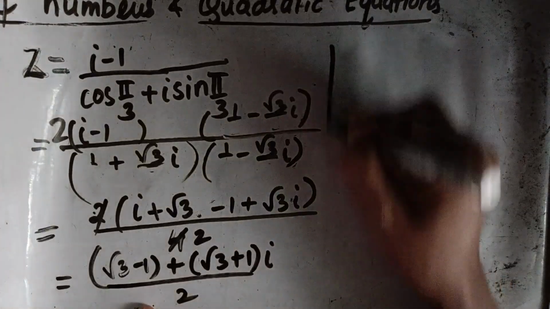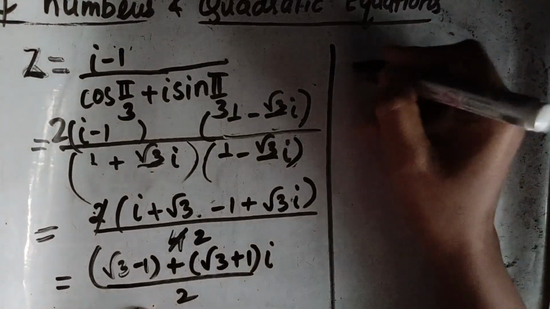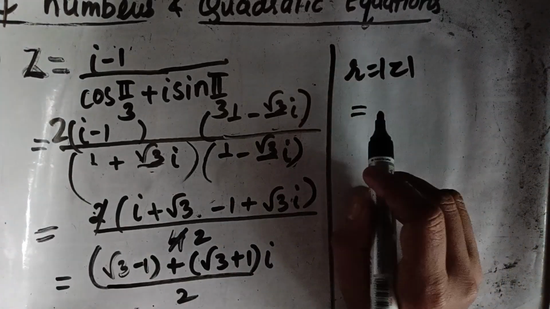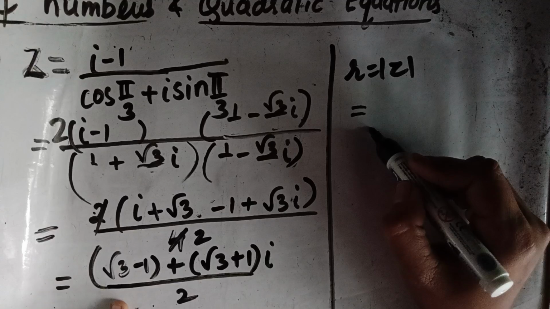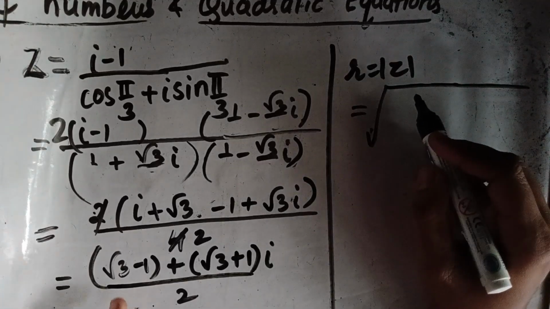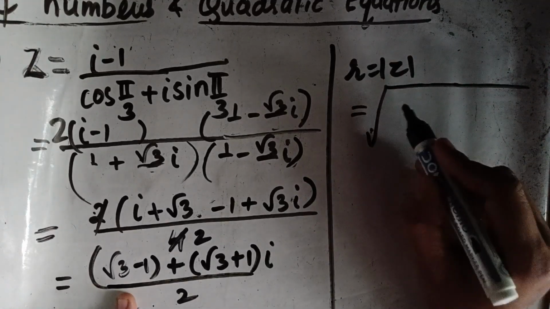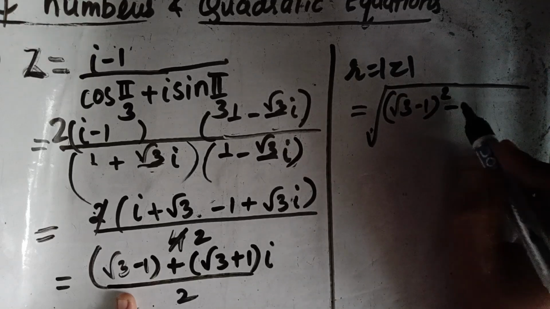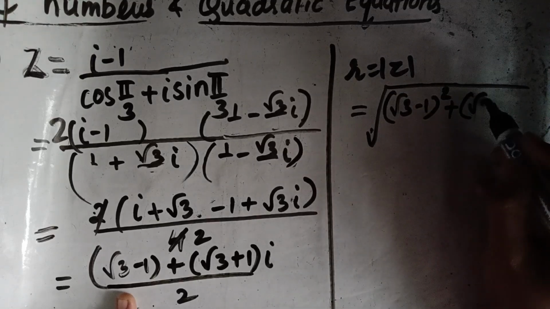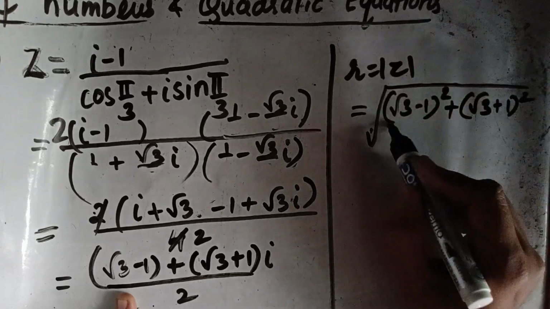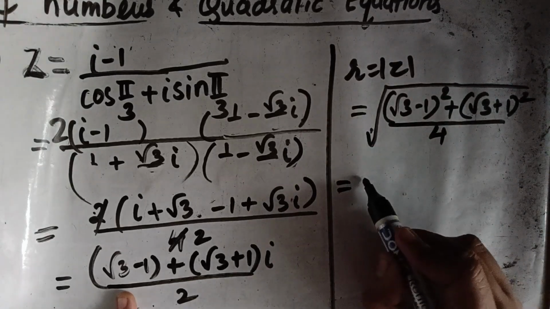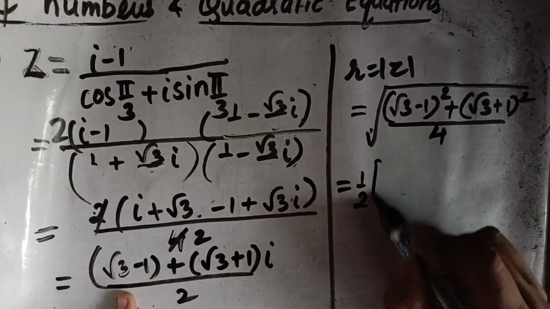Now you have to find mod z, because we are finding the polar form. So the value of r. Squaring, you will get root 3 minus 1 the whole square plus root 3 plus 1 the whole square, and 2 square is 4. You can take out half.